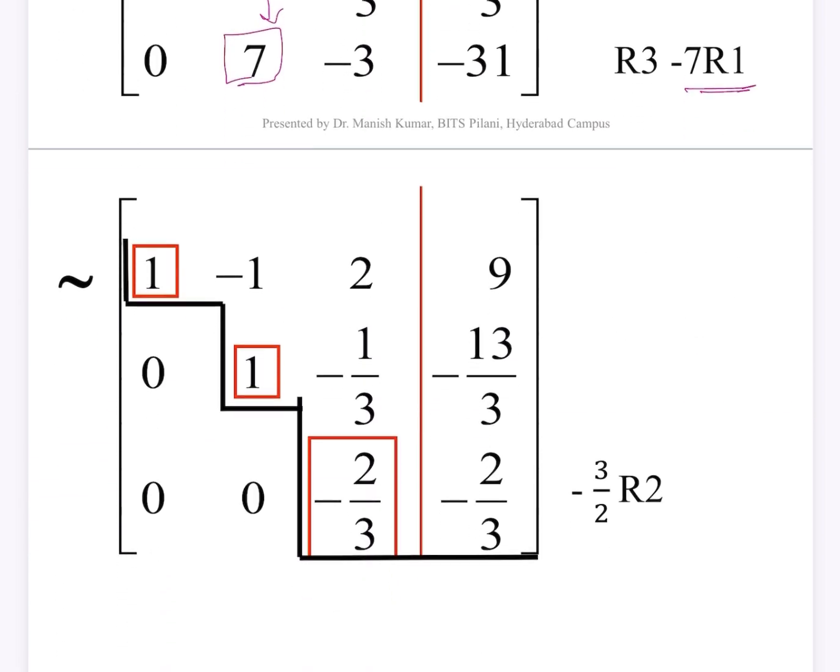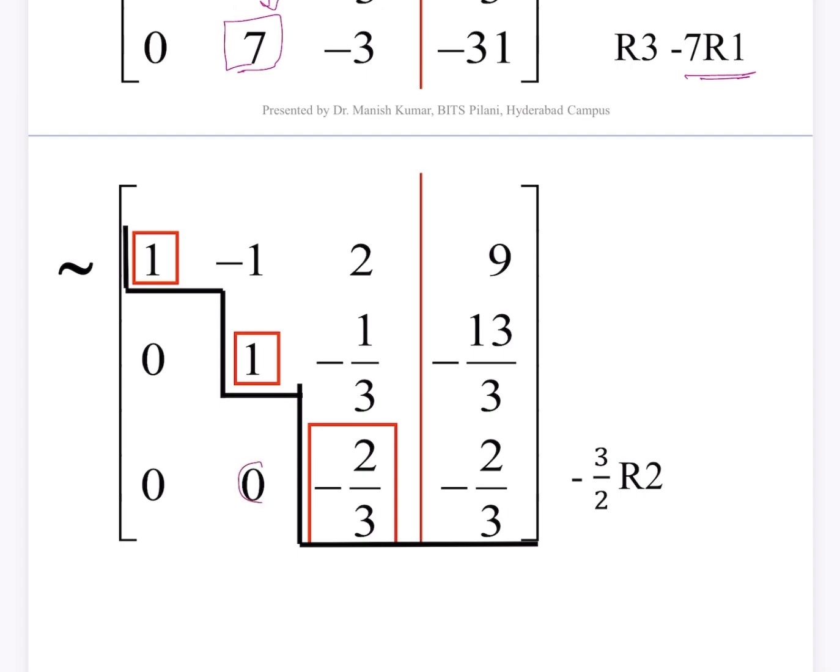So now if you see, after solving this, we got 0 here, 0 0 here. So this is in triangular form. Now this element is non-zero, so we can multiply R3 by minus 3 by 2, right? This is the third column basically, so this is the R3 row. Okay. So make some correction.